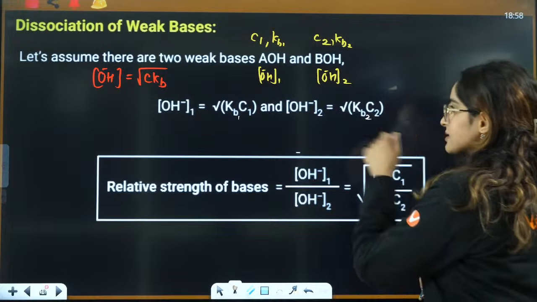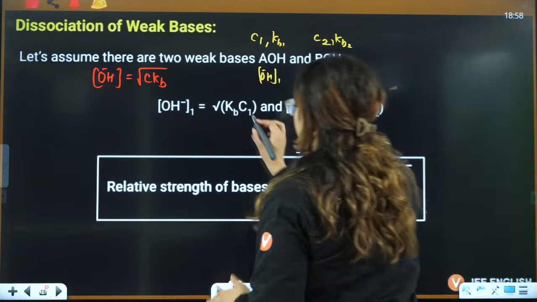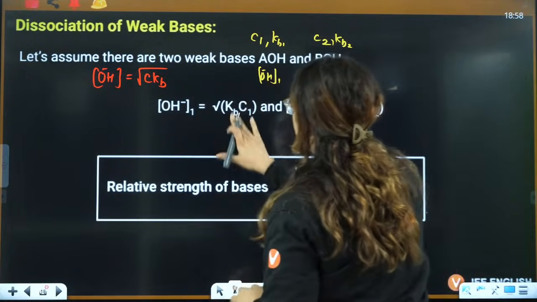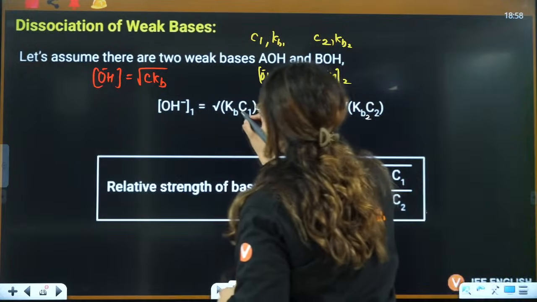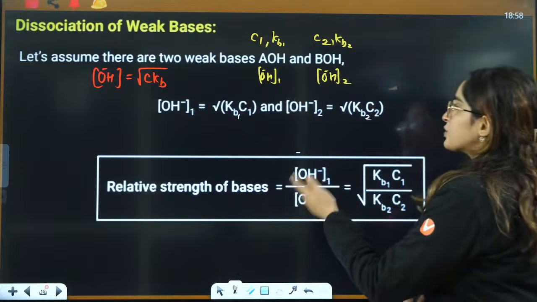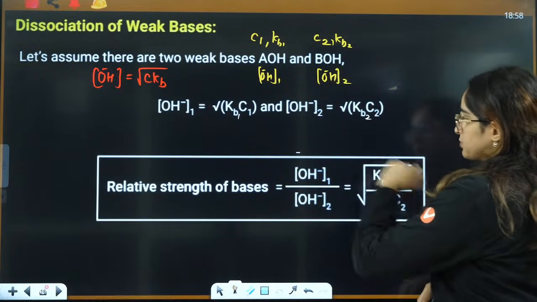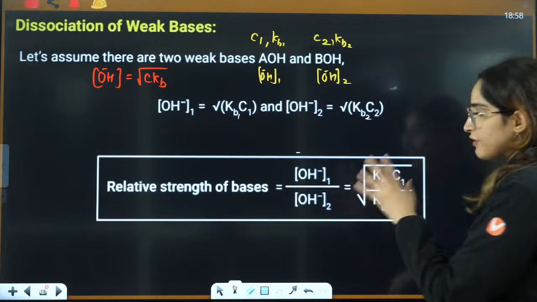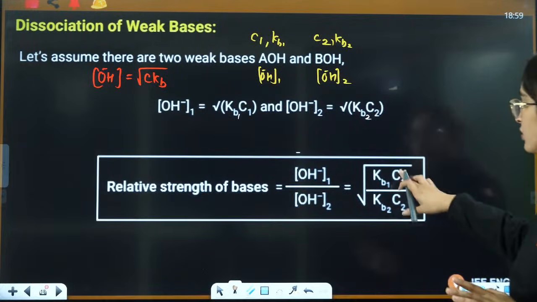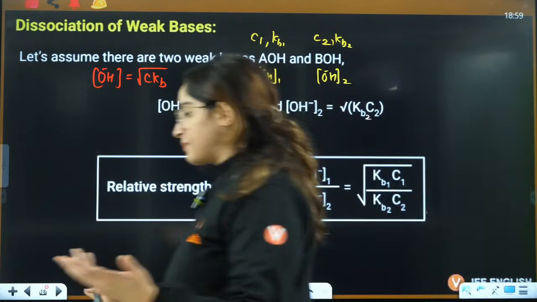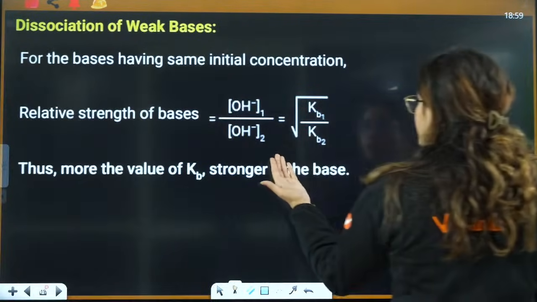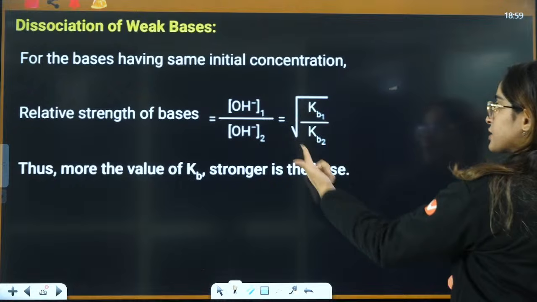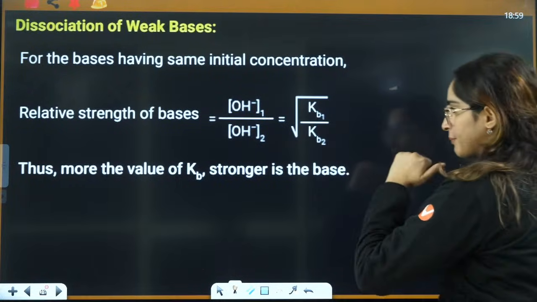This is Kb1 into C1, this is Kb2 into C2. You take the ratio here, that will become this. If I say both the initial concentrations are same, then this will become OH of 1 divided by OH of 2, the C will cancel, and this will become under root of Kb1 by Kb2.